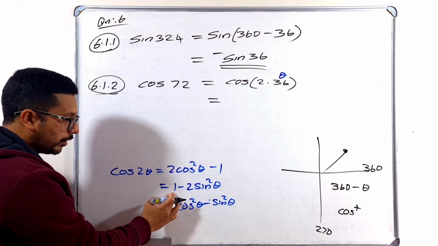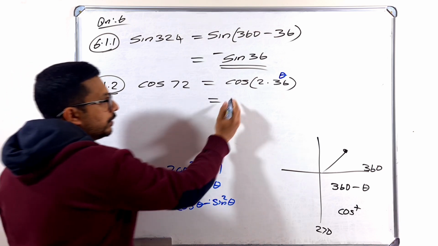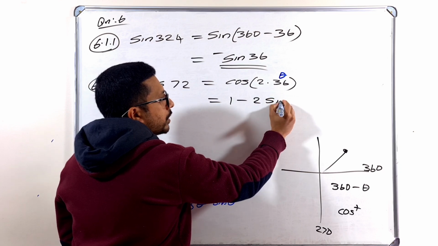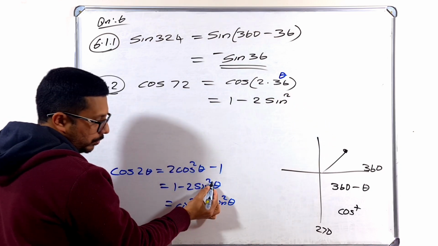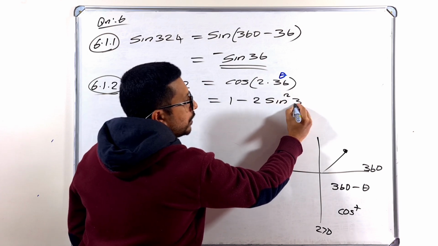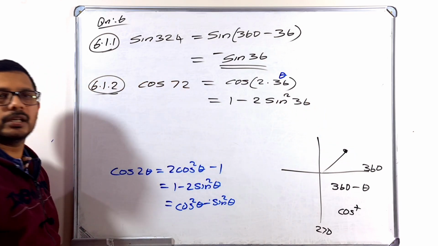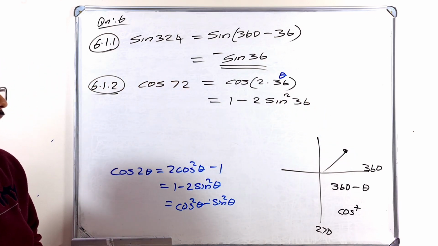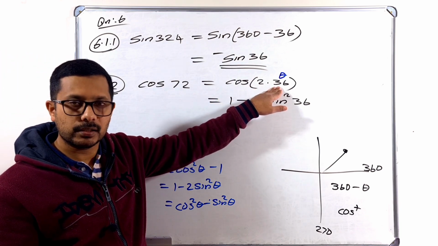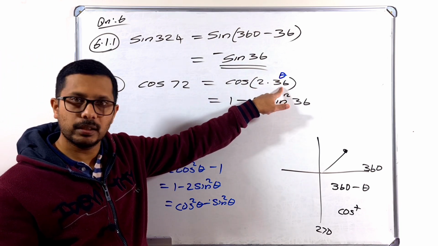So how can you write? 1 minus 2 sine squared theta. So what is our theta? 36. 1 minus 2 sine squared 36.